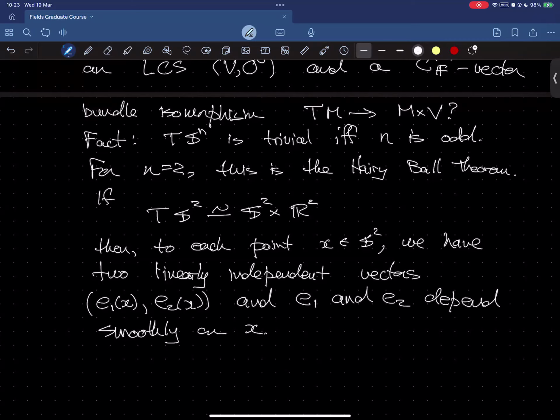Okay, so in particular, if you take any one of these two assignments to every point, these are going to be vectors in R2, right? So these are basis vectors in R2.